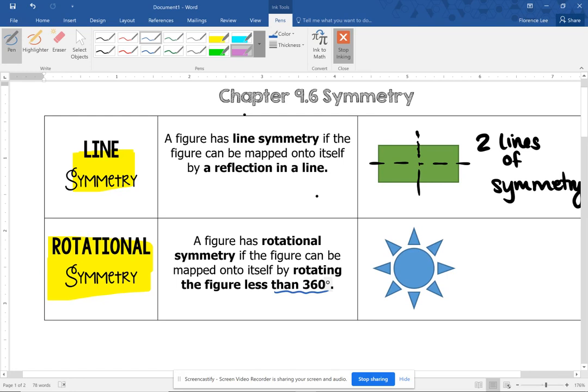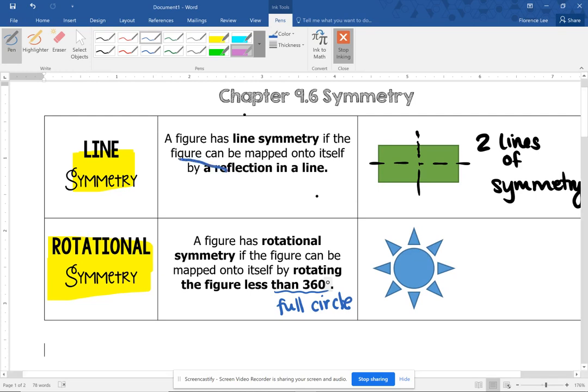Because anything can be turned 360 degrees and be mapped onto itself, right? Isn't 360 degrees one full circle, one full turn? So obviously you can turn any shape 360 degrees and you map it back onto itself. So that doesn't count. So rotational symmetry is when you have something that can be mapped onto itself by rotating it less than 360 degrees.